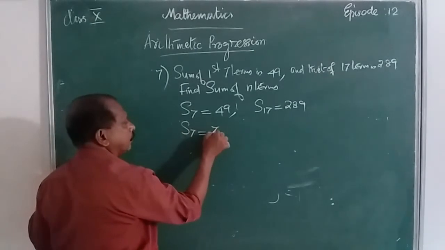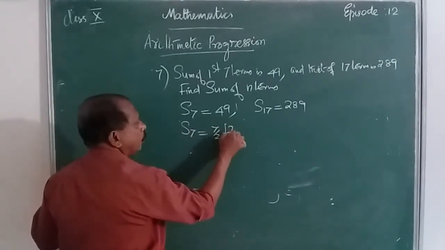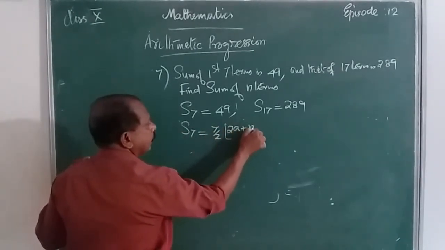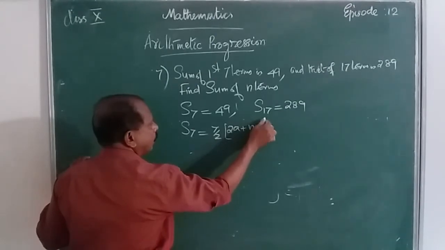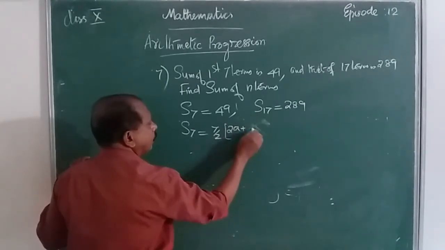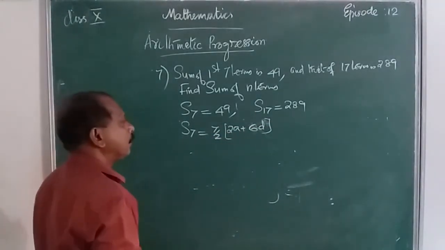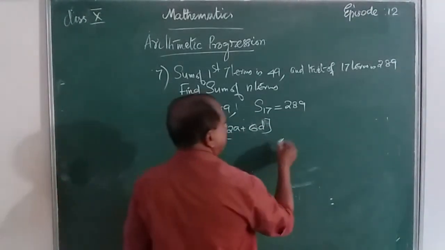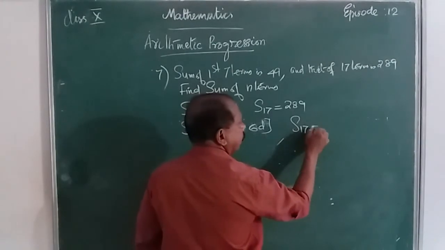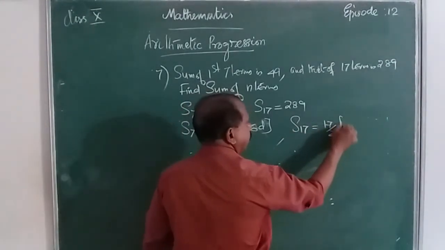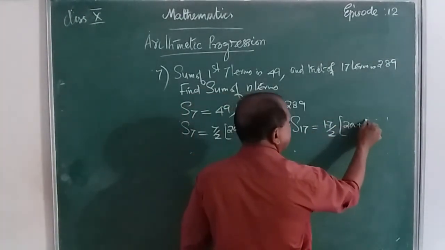S7 is equal to 7 by 2 into 2a plus n minus 1, that is 7 minus 1, that is 6d. And S17 is equal to 17 by 2 into 2a plus 16d.